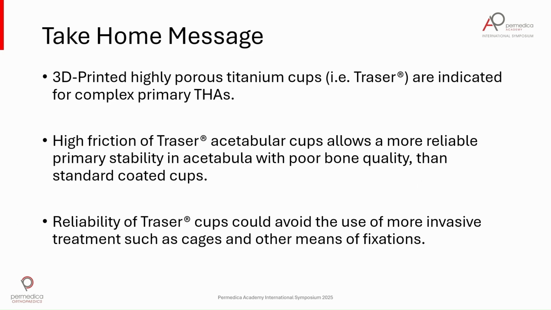So the 3D printed highly porous titanium cups, for example the Tritanium, are really good for this kind of primary total hip arthroplasty. Primary stability is the most important thing. The scratching that you get when you start is very important. In our cases with dysplasia or epiphysiolysis, we try to achieve at least half of the peripheral contact, and this is enough.